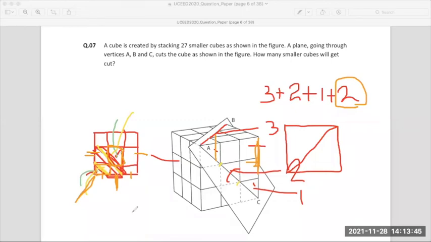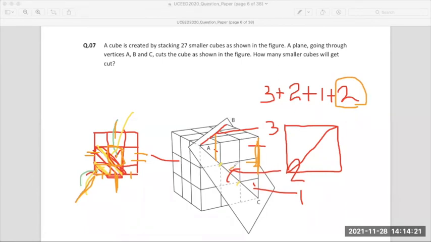And which other one will be affected? Are you suggesting some other cube will get affected? Are you saying this one will get affected, or this one? Ma'am, where you have marked the cube with yellow beside A. Beside A. This one, in the figure given in the question.